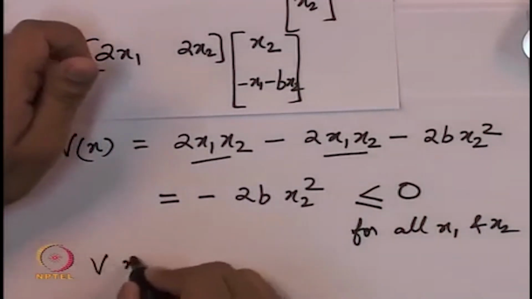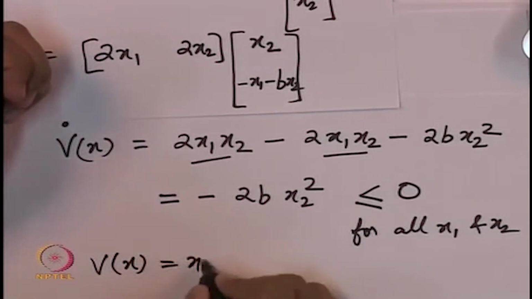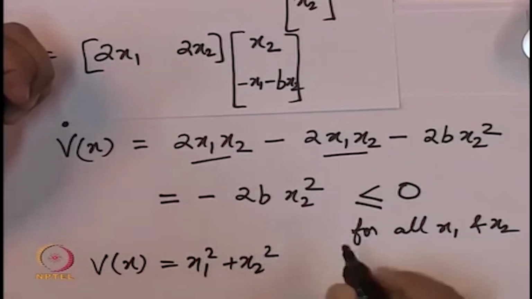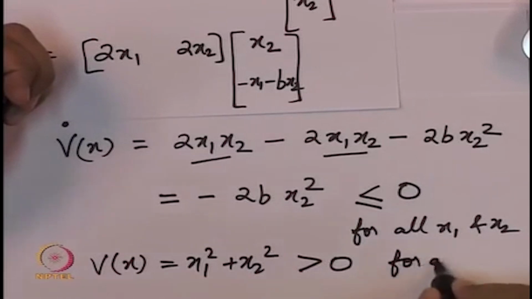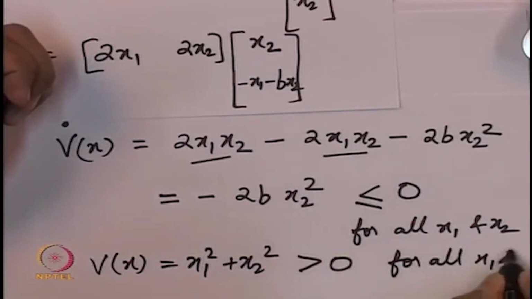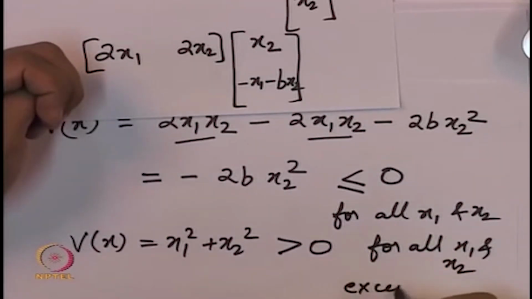And also we forgot to verify that v of x itself, which is equal to x1 square plus x2 square, is greater than 0 for all x1 and x2, except of course 0 comma 0, except when both components are equal to 0.